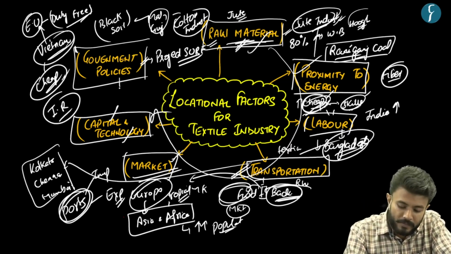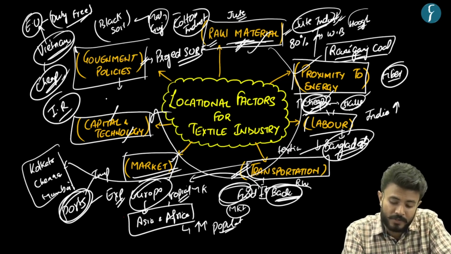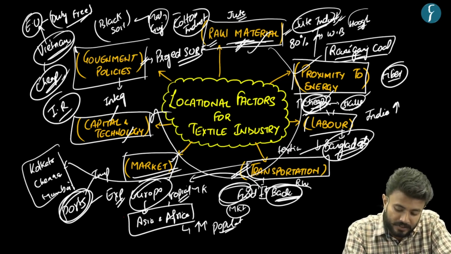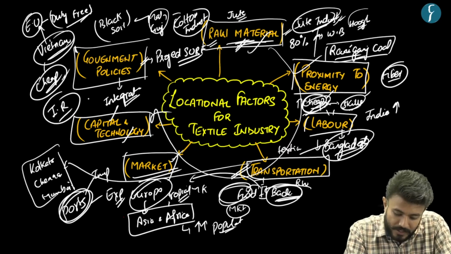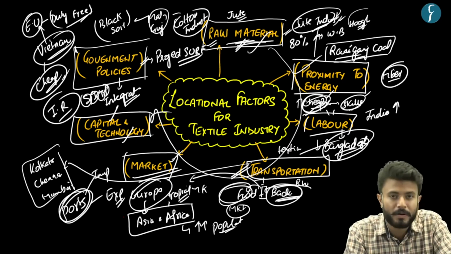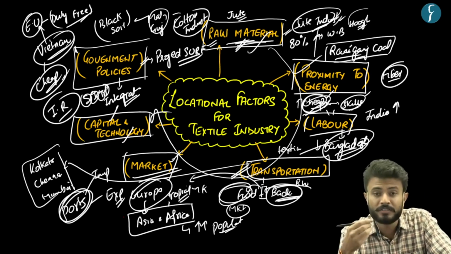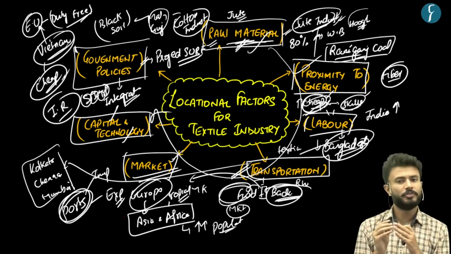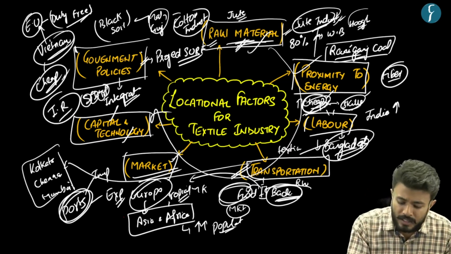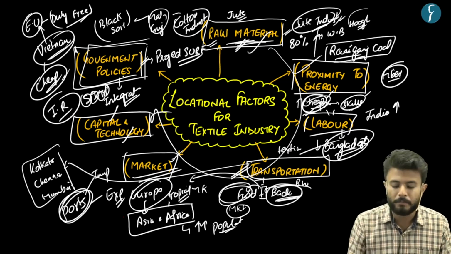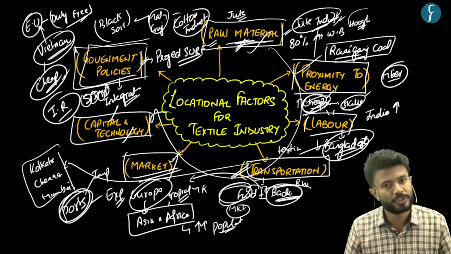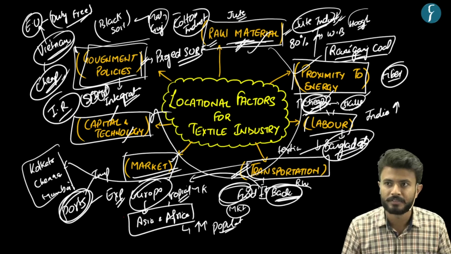Similarly, the government is also promoting the establishment of integrated textile parks under the scheme SITP, that is Scheme for Integrated Textile Parks, right? Then there is also a scheme, Samagra Silk. So the government is doing its bit, and again, that is how the government policies impact the textile industry's evolution and its growth. These are the factors, right?